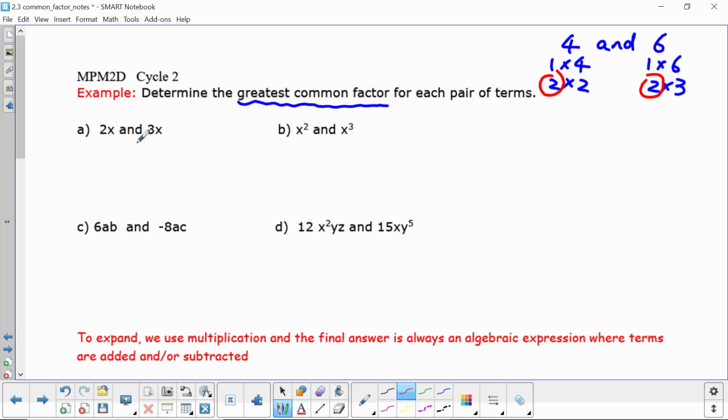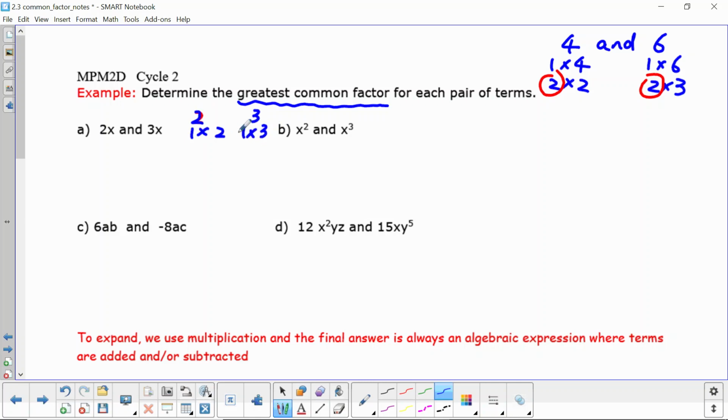So for 2x and 3x, for 2 and 3, you look for the factors. Under 2 you have only 1 times 2, and under 3 you have only 1 times 3. Then the common one is 1.